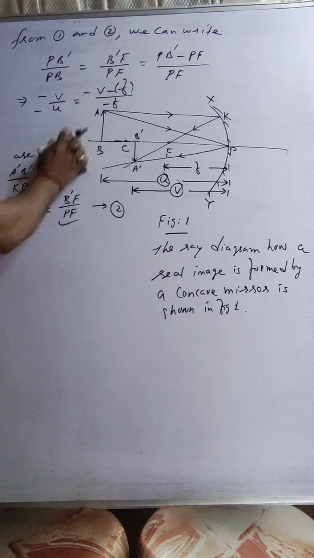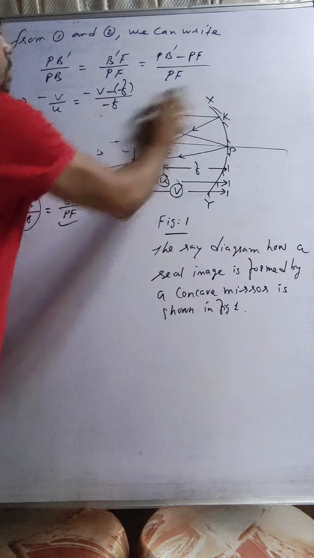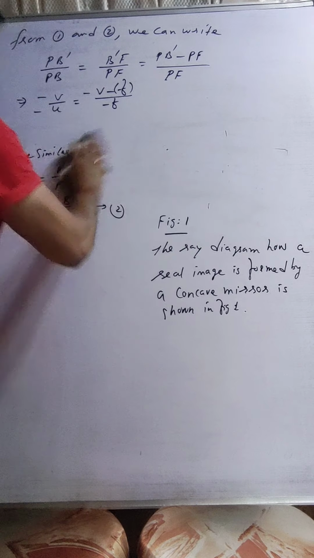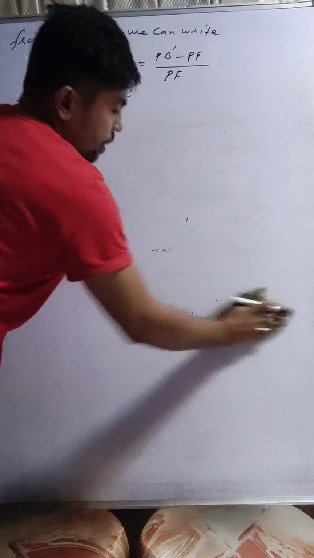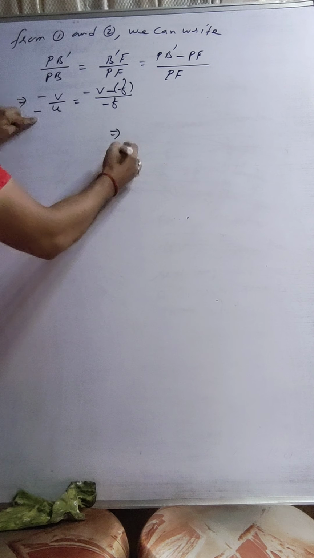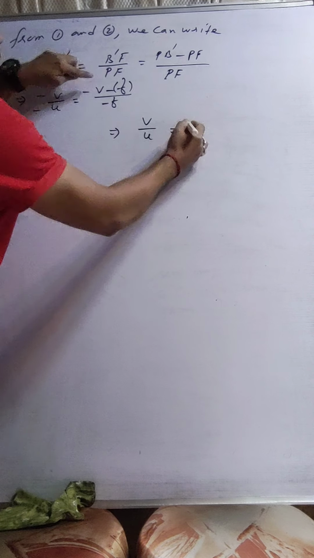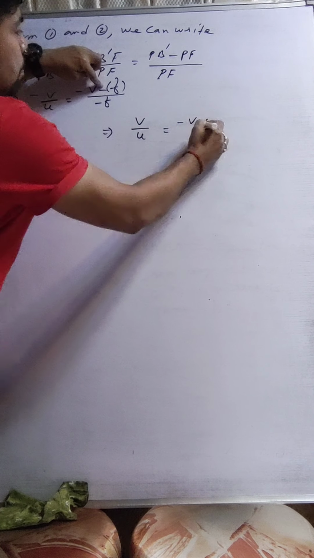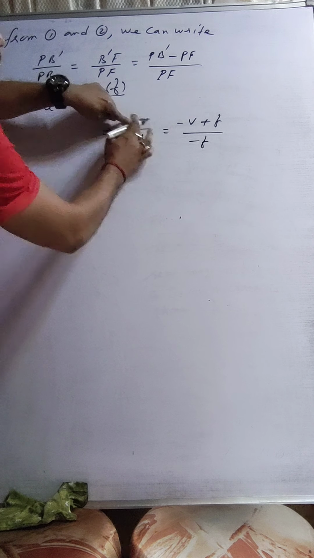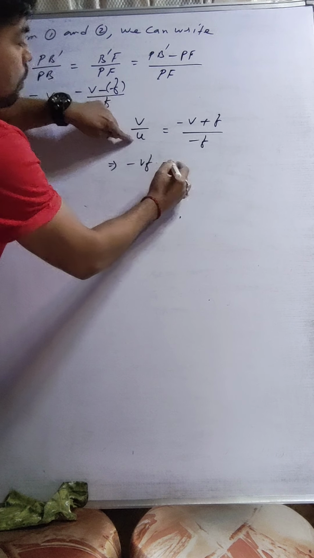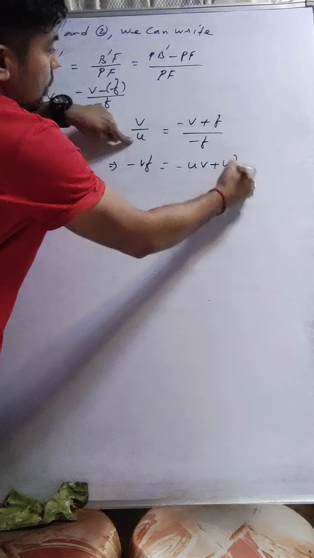Okay. So I can now erase this figure. We are using sign conventions, and in the figure you see all are negative because all are in front of the mirror. So now you can write it like this: minus minus cancel, V by U equals minus V, minus minus plus F divided by minus F. So use cross multiplication. Minus VF equals minus UV plus UF.